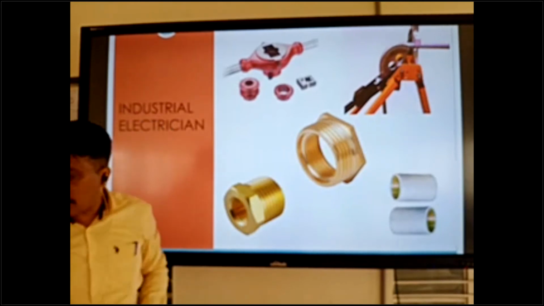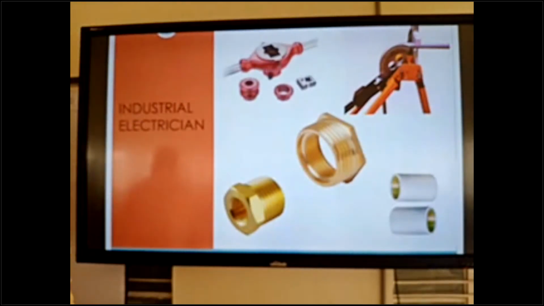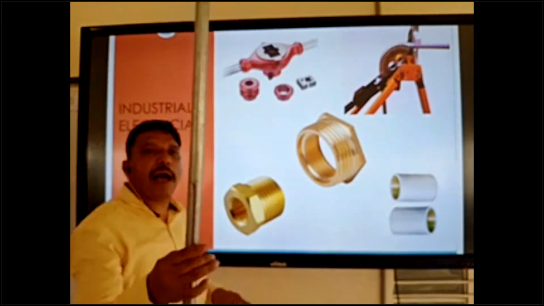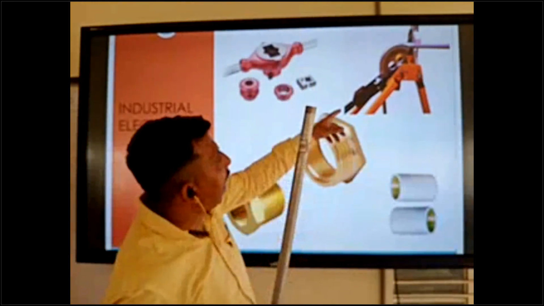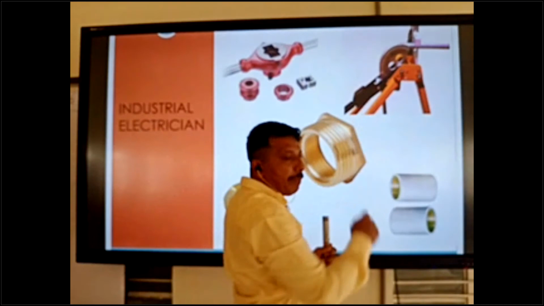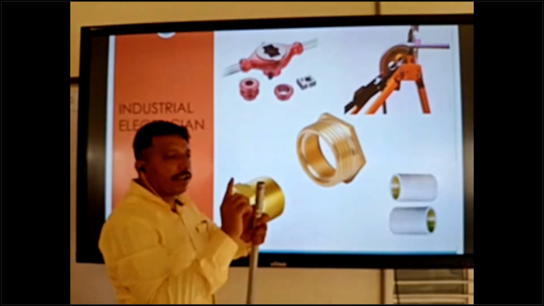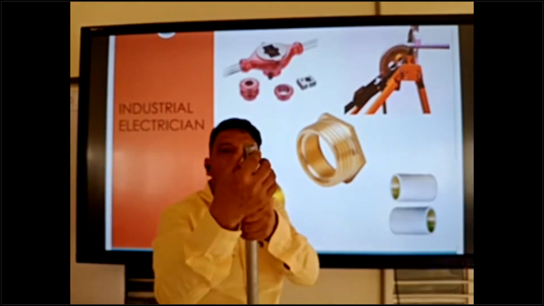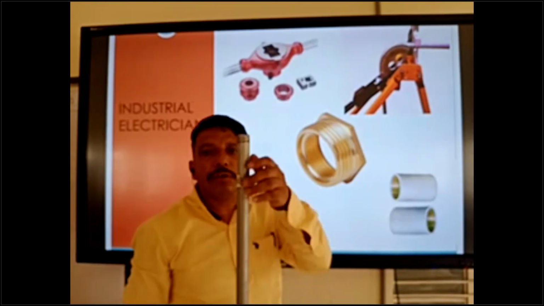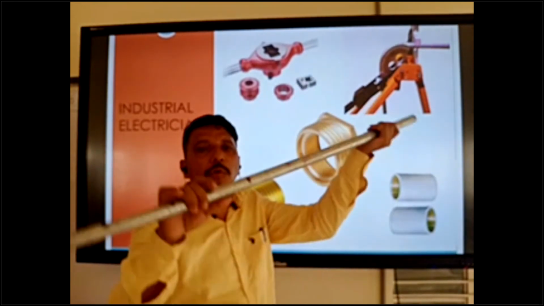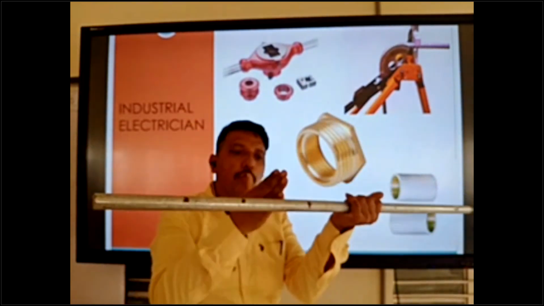GI pipe bending time. This is the GI pipe, and at bending time we can use a GI bender. And threading, we can make the thread with this one, because sometimes your pipe doesn't need the 3 meter length, only 2 meters.